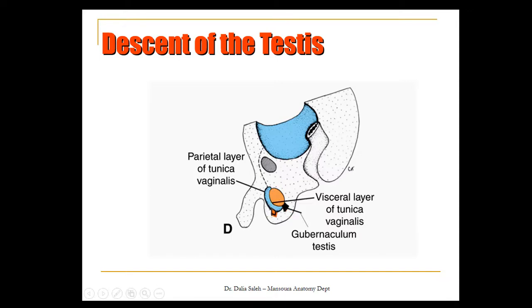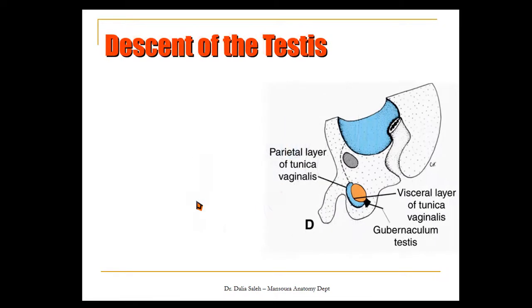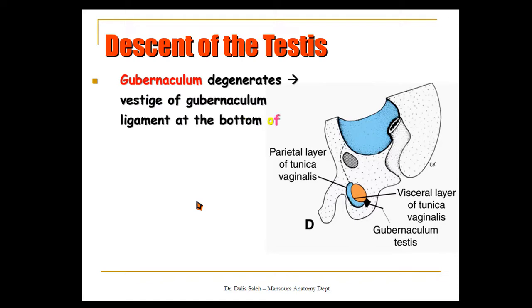And the vaginal process is transformed into a cover around the testis. It is called the tunica vaginalis. So the fate of these structures: the gubernaculum degenerates, and a remnant of it remains at the bottom of the scrotum. We call it the vestige of the gubernaculum ligament.